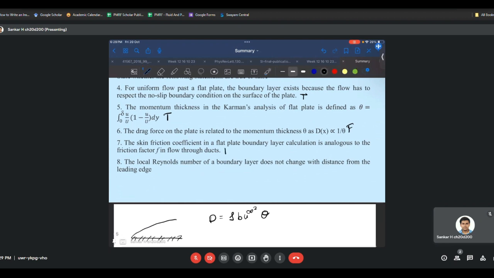So this statement is in fact true, where both of them are retarding the velocity profile and providing a zero or a no slip condition at the boundary.